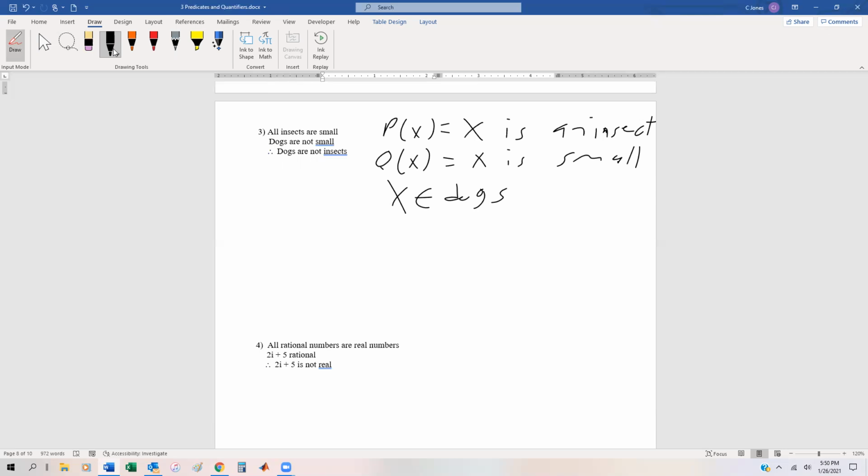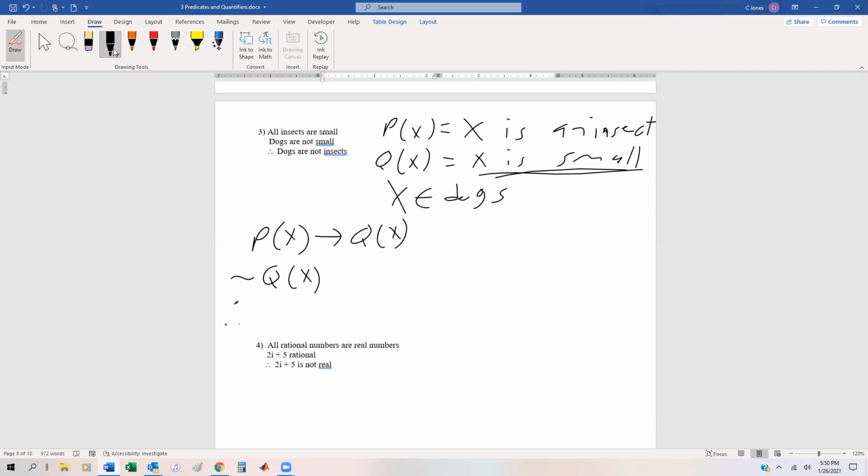And so what we can say is that all insects are small. So that means if X is an insect, then X is small. So P of X implies Q of X. Then dogs are not small, so not Q of X. So X is not small, right? Therefore, dogs are not insects.